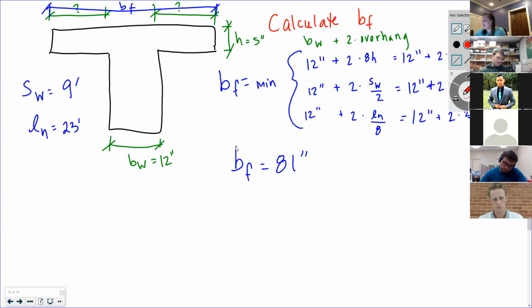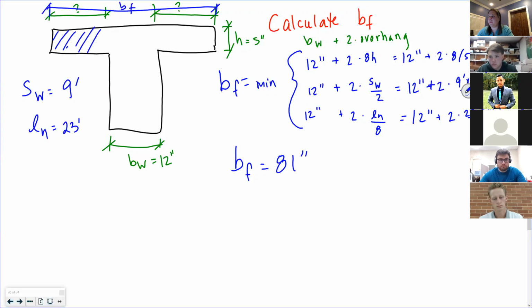Now that we've done that, our next question is we just get to start analyzing this as we normally would. Our first assumption is we want to hope that we're in case 1, because it's less work, where our compression block is entirely in the flange.